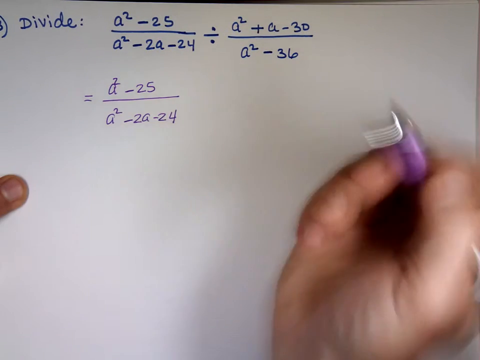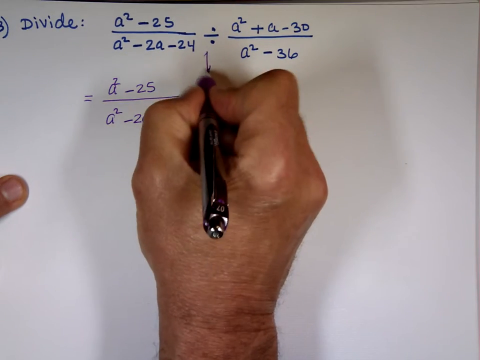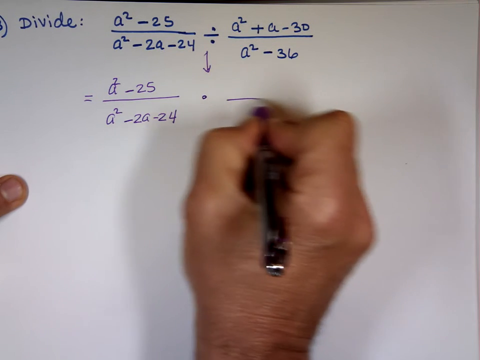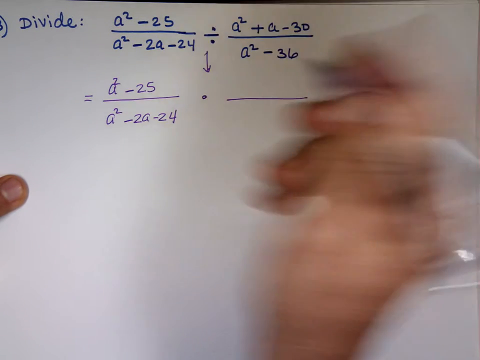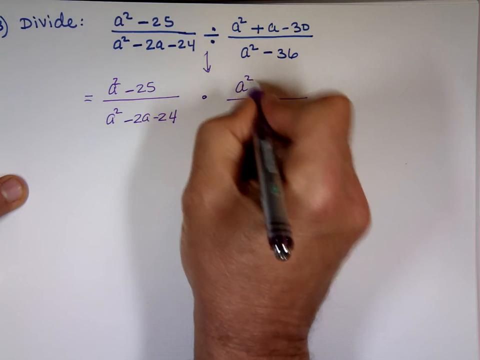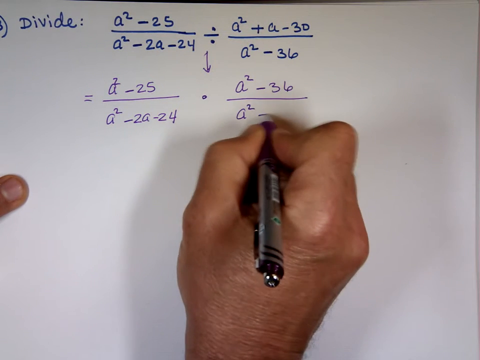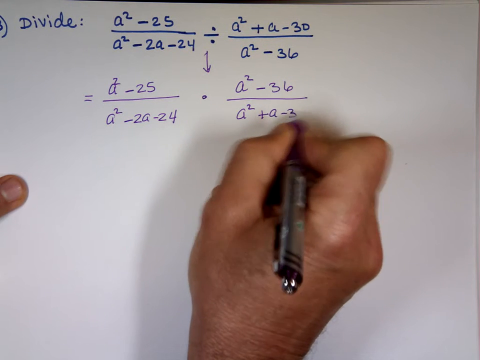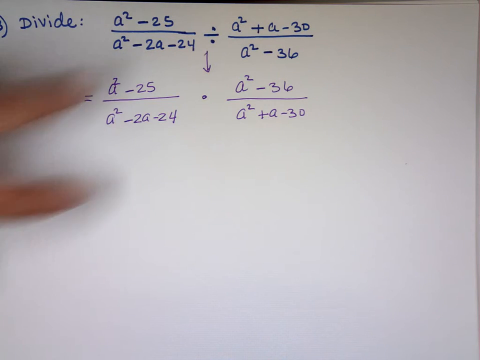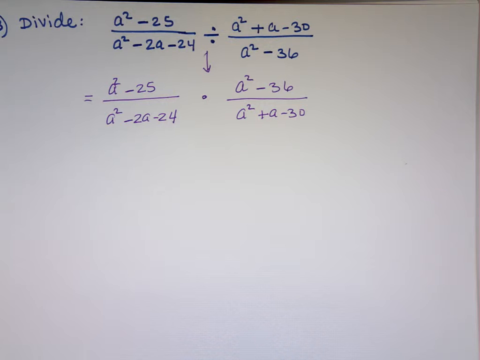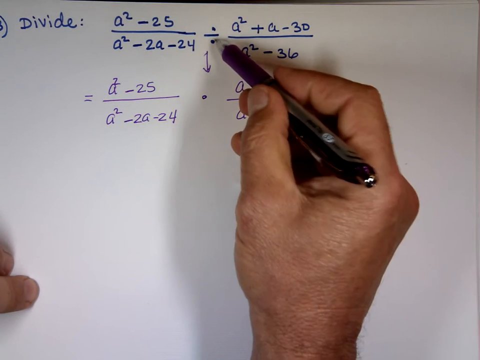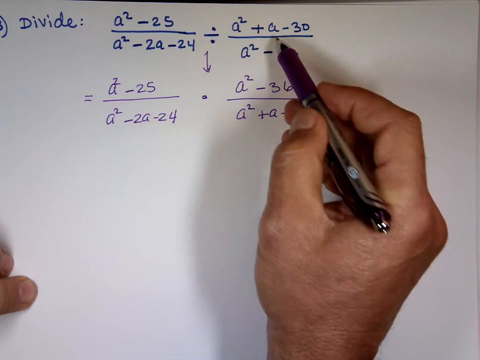Change this one to multiplication and change this. Flip it. Use the reciprocal. So the first fraction you don't touch. You leave it alone. You take the division, change it to multiplication, and you take this and change it by taking the reciprocal of it.